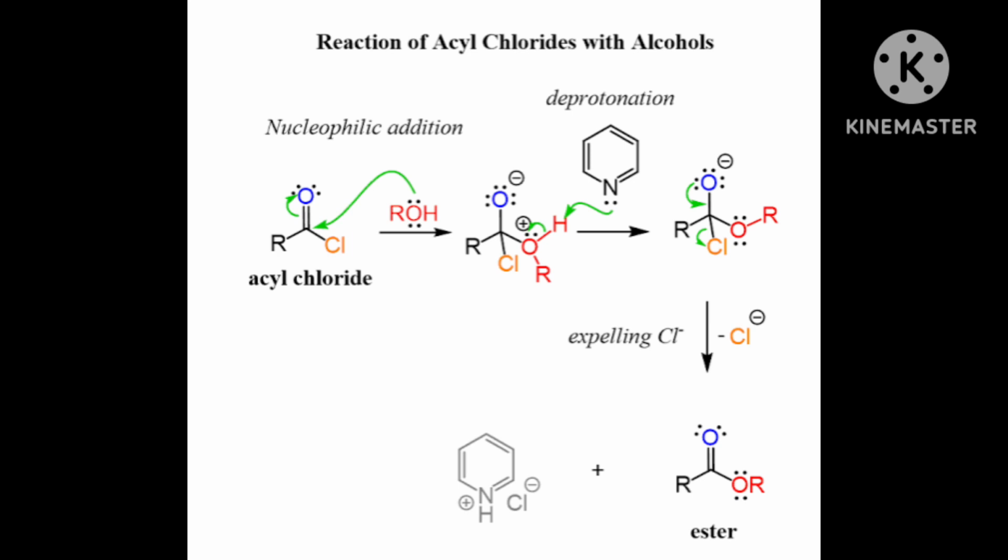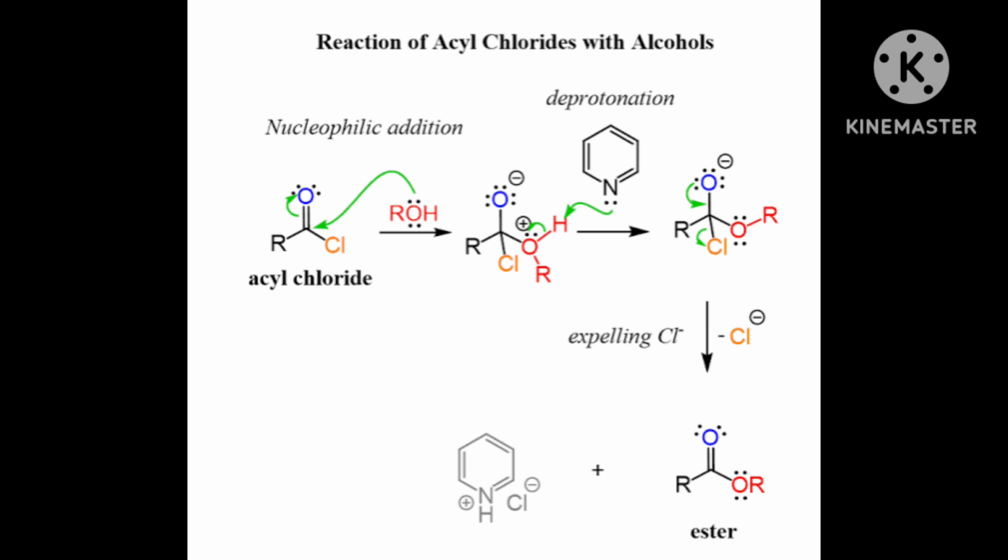CH3CO group is called the acetyl group. You may want to introduce this acetyl group in alcohols or phenols, and this introduction of the acetyl group in alcohols or phenols is called acetylation.